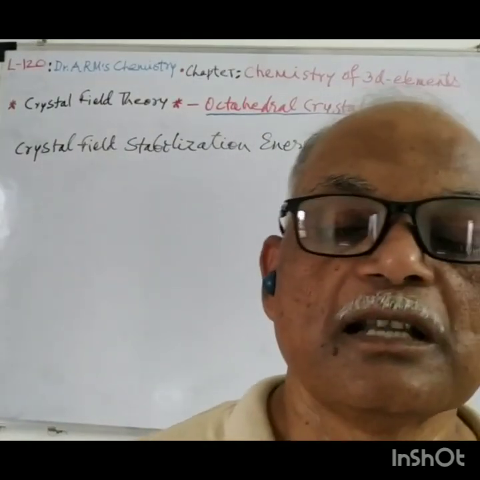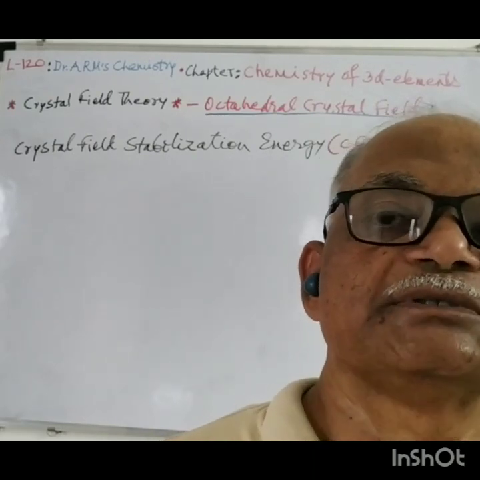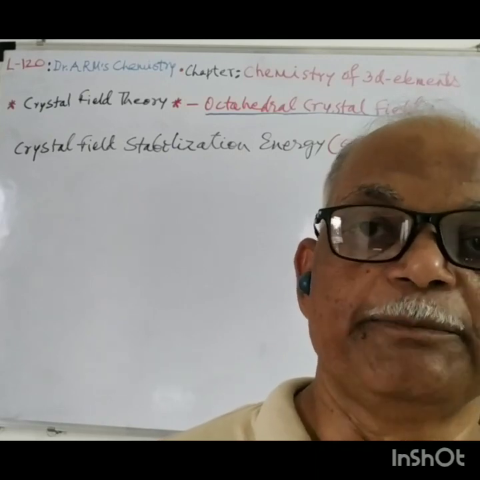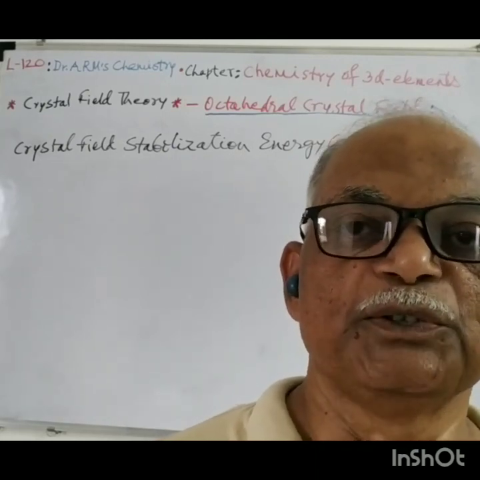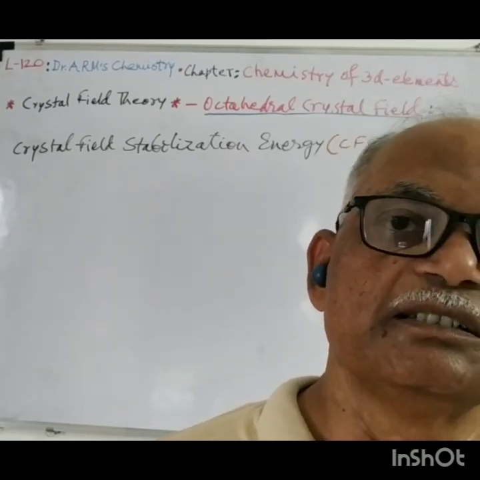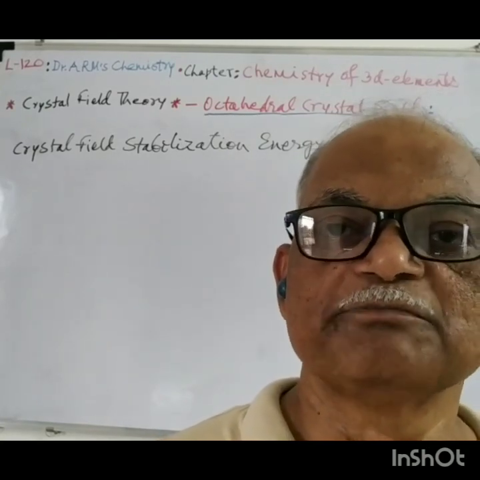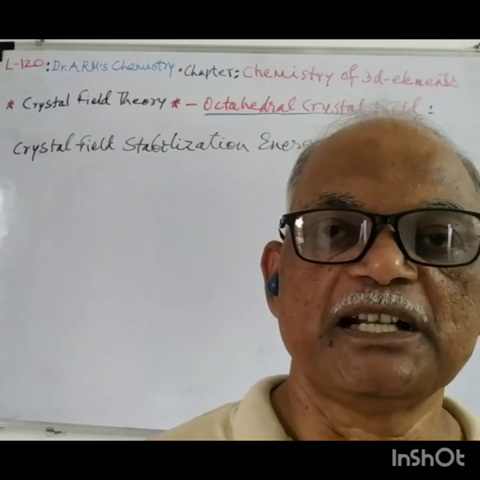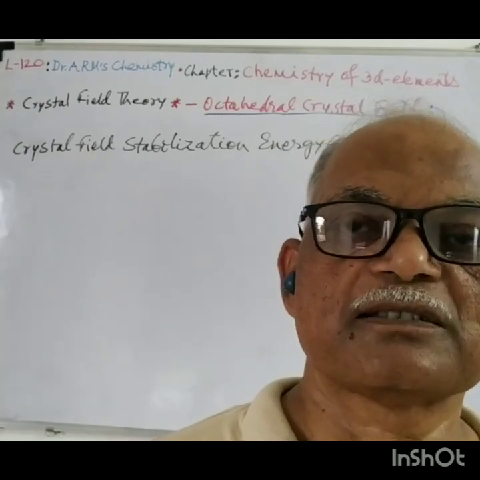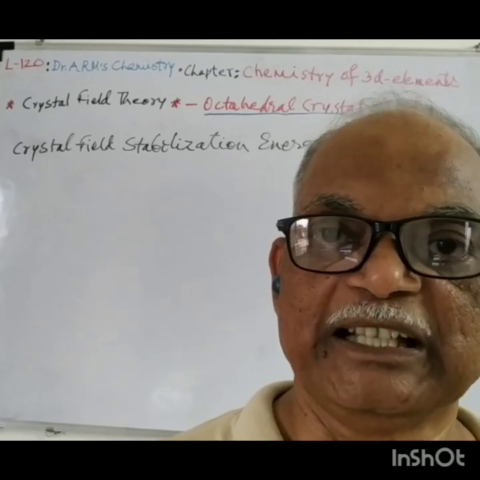This CFSE measures the magnitude to which the complex is stable. If this value of delta O, or crystal field, is smaller, it means the complex is not much stable. If the delta value of the complex is higher, then it indicates that the complex is stable.